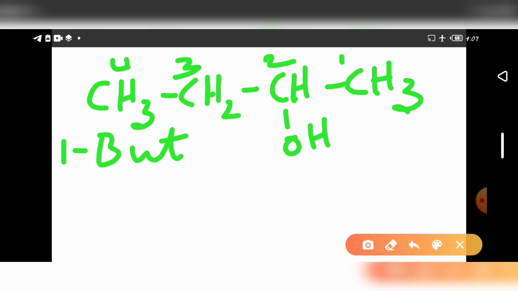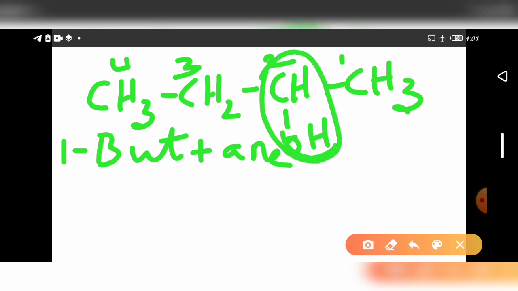You have to draw the structure also. Structure you draw means it will be presented with single bonds, so you add ane. Before that, you know what functional group is presented, that is OH. OH is the alcohol group. For alcohol, instead of the primary suffix E, you put OL.